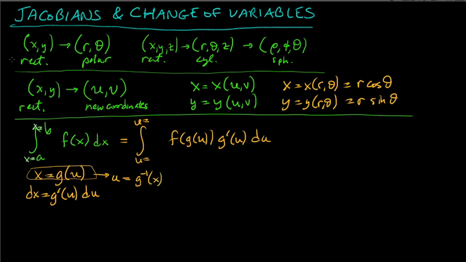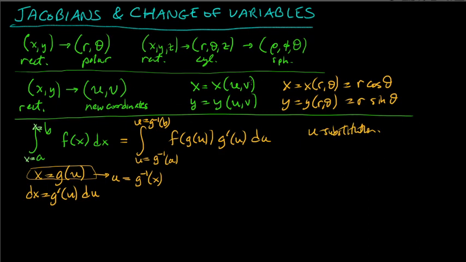So the limits here are g inverse of a, the lower limit, and the upper limit is g inverse of b. Again, this should be somewhat familiar. You did this all the time in Calc 1. It's basically what we call u substitution. So in the single variable case, that's what it is.